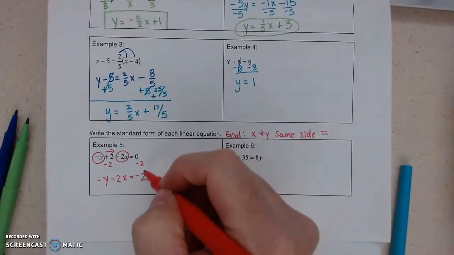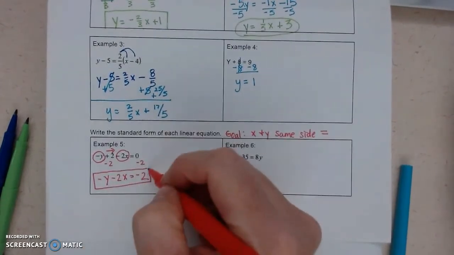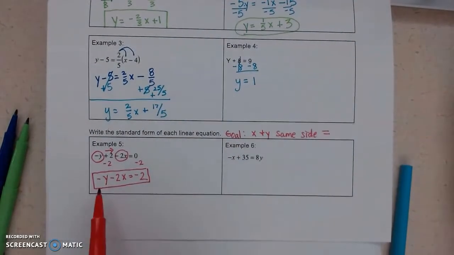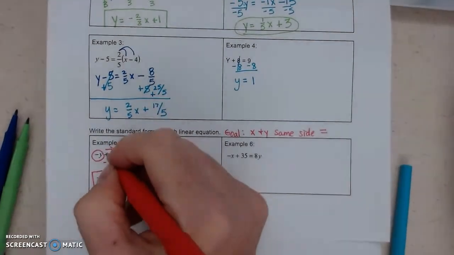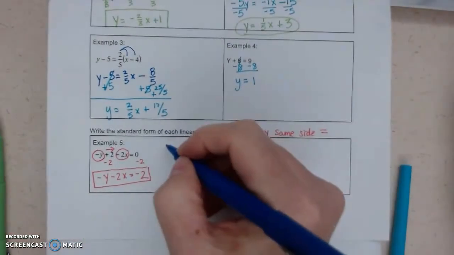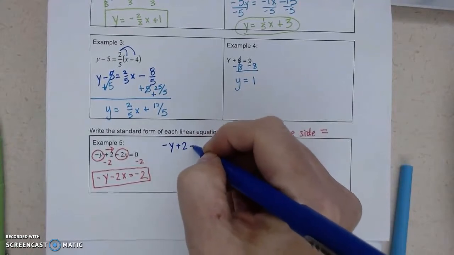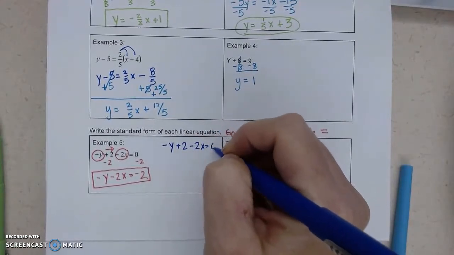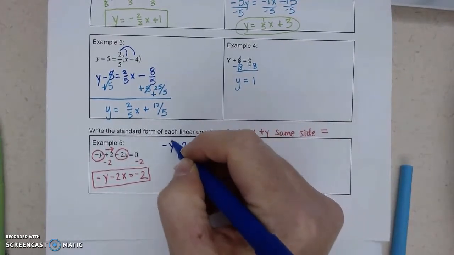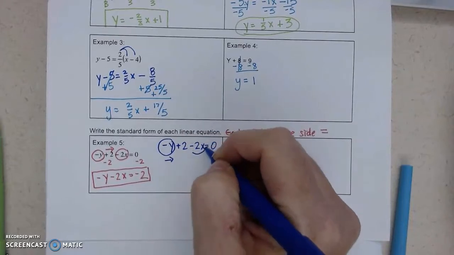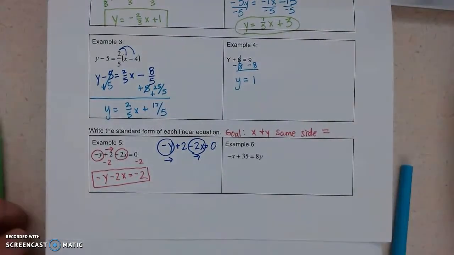Now, that is an acceptable answer. Some people don't like to have negatives as their coefficients, so your other choice is to leave the 2, and then we're going to move the x and the y term to the other side.